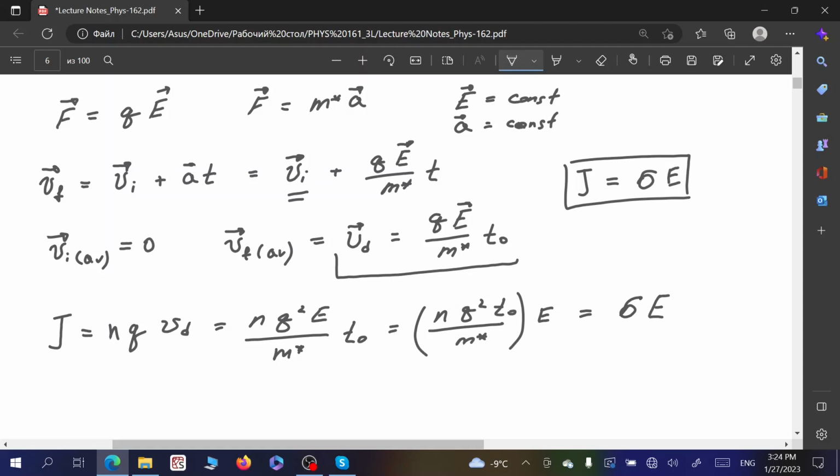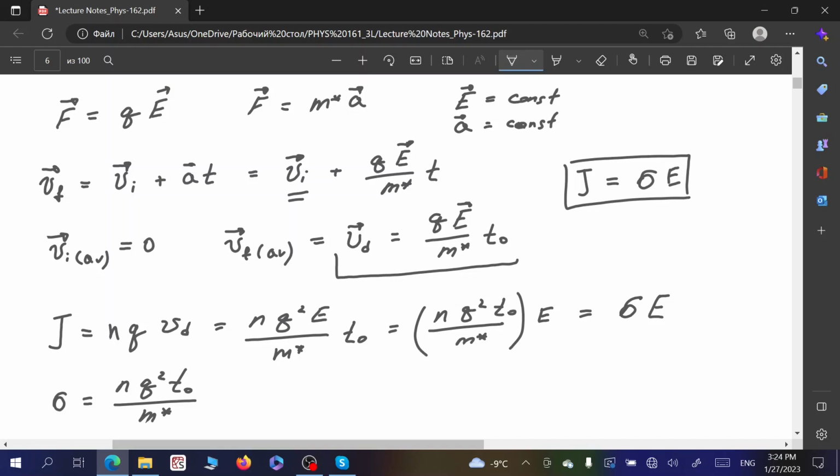So for sigma, for specific electrical conductivity, which we previously just introduced as a parameter of a conductor, we now have an equation. That is the concentration of charge carriers n, q squared t naught over m star.